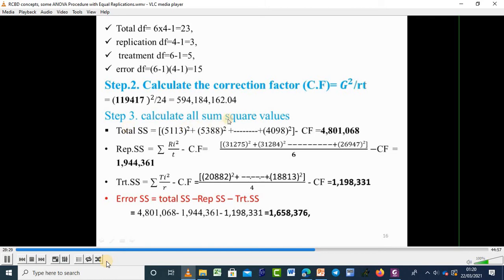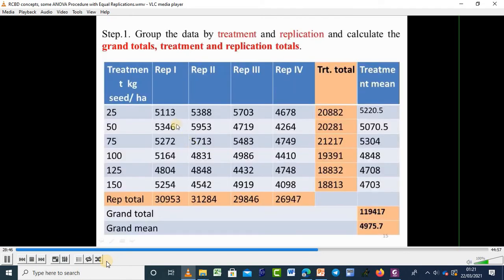The third step is calculating all the sum of squares, starting with total SS. Total SS is calculated by squaring all observations. That means 51, 13, then this one, next, and up to this one.